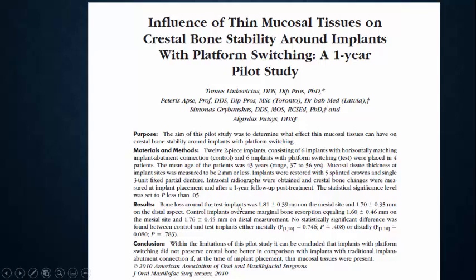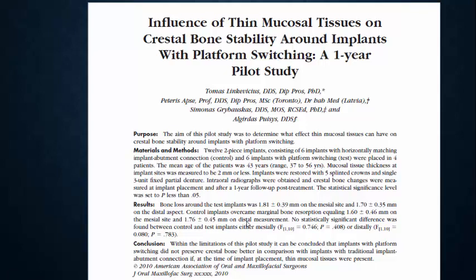Bone loss around the test implant, which is the platform switch, was 1.8 millimeter on the mesial side and 1.7 on the distal aspect. The control implant, however, the marginal bone resorption, they found 1.6 millimeter on the mesial and 1.7 on the distal. So there's no significant difference between the two groups.